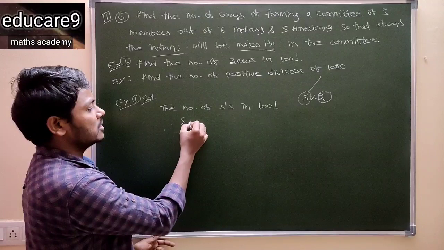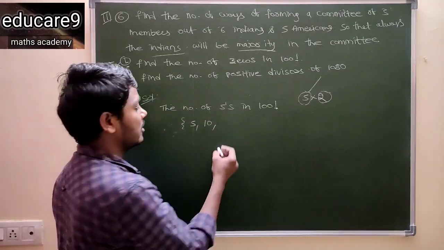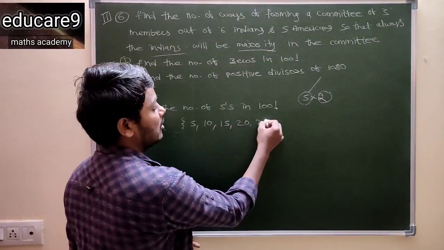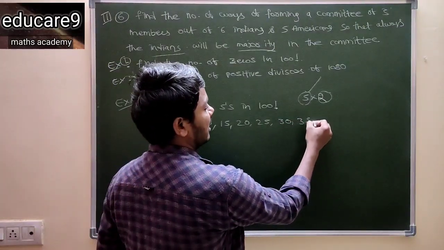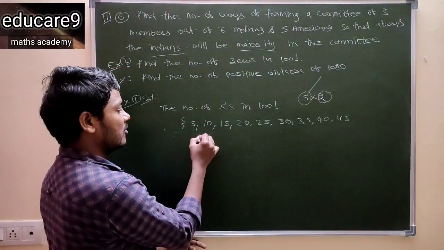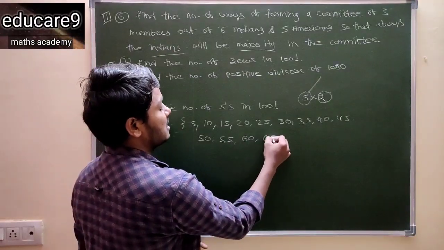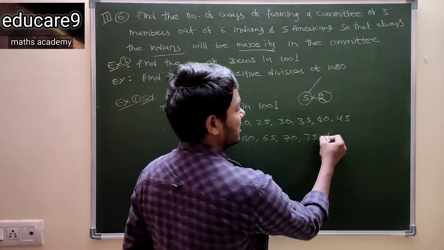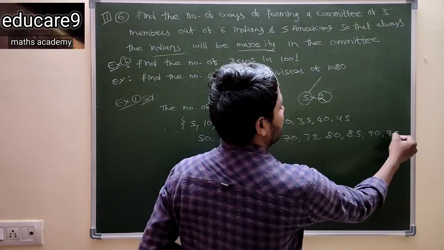What are the possibilities? 5, next 10, next 15, 20, 25, 30, 35, next 40, 45, 50, 55, 60, 65, 70, 75, next 80, 85, 90, 95, 100.